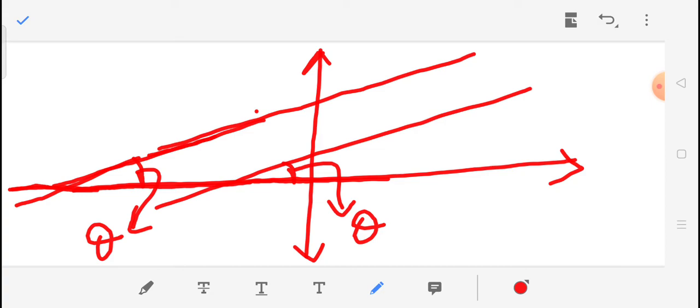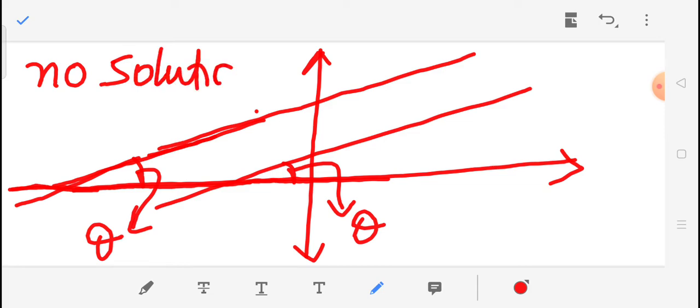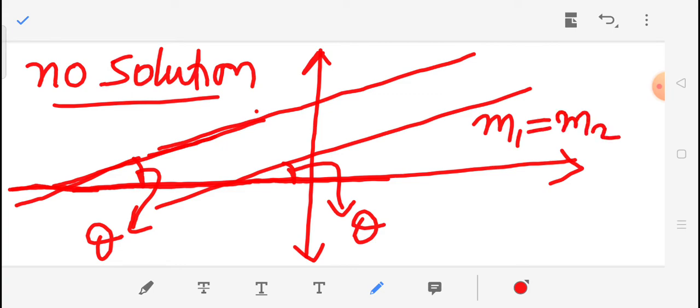So for no solution, what we can conclude is that their slopes are equal, so m1 is equal to m2, but their intercepts are not equal.